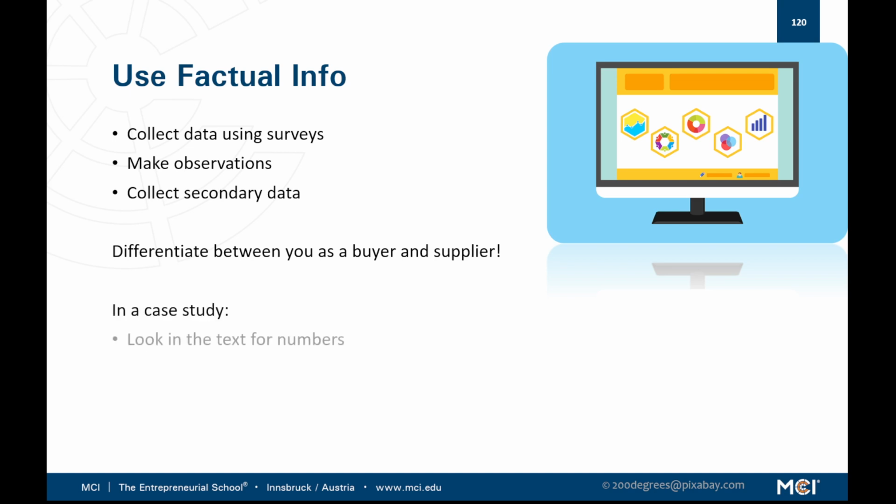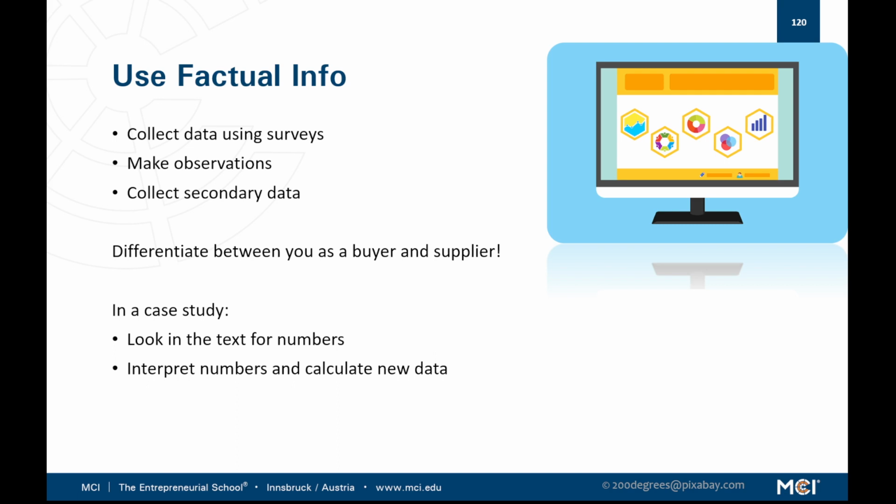Regarding the case studies, look in the text for numbers. Most case studies provide plenty of numbers that you can use for your analysis. Interpret numbers and calculate new data. Some numbers are not the final ones and need to be calculated based on sales. You can calculate your revenue or you can calculate your profits.